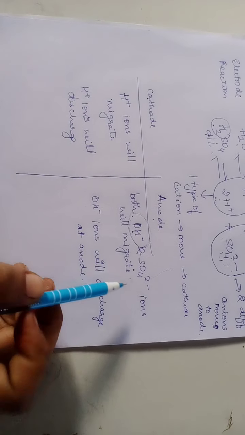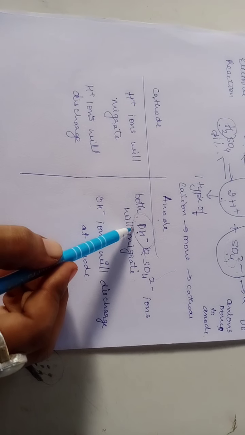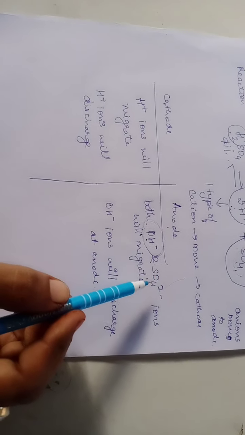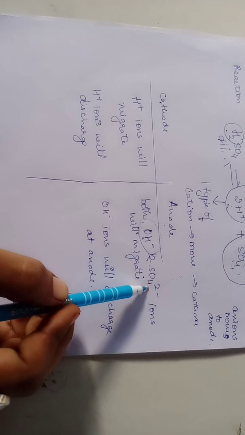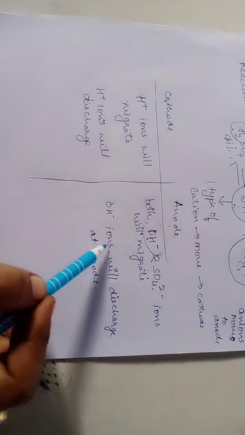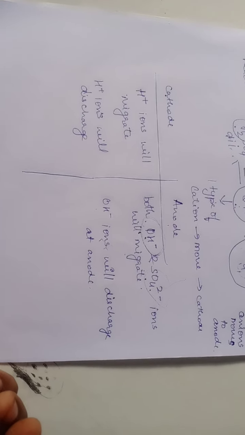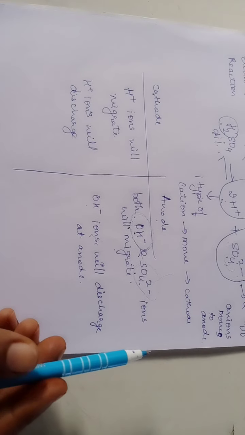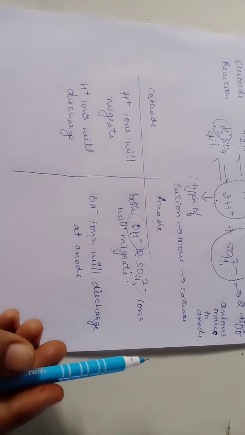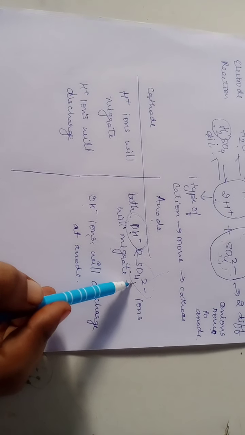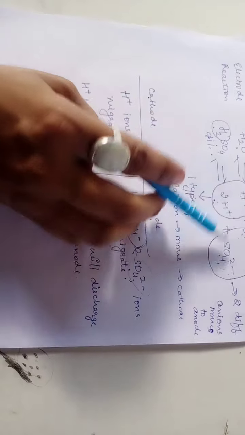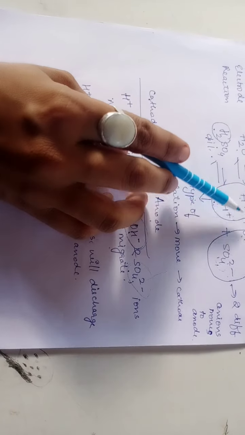So what will happen? As OH minus ions discharge, sulfate ions will increase at the anode. They will migrate there, but they will not deposit or discharge themselves. So they will increase there. But this increase in the ions will be balanced because of the release of H plus ions.